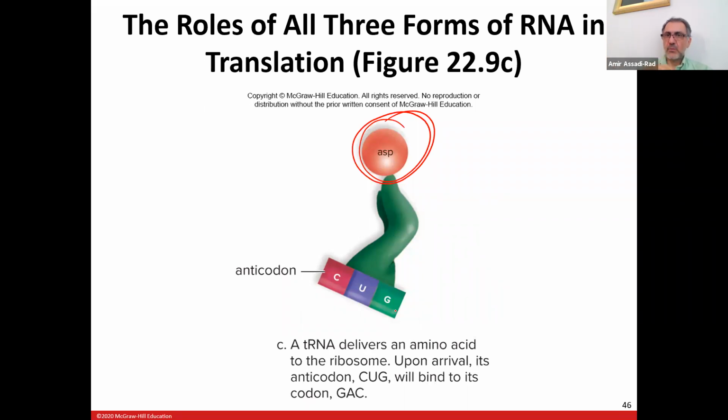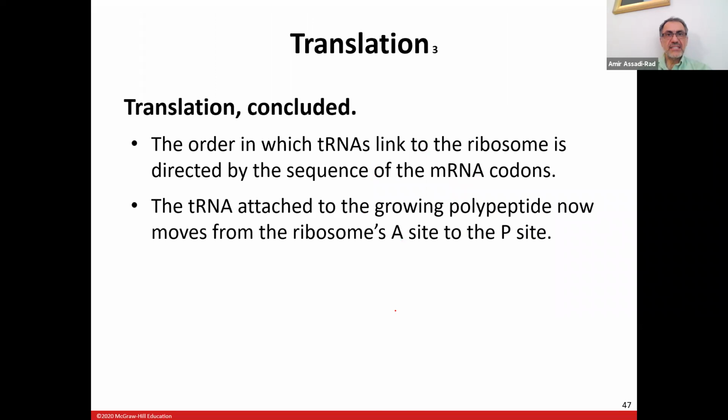Remember that. It depends on what the mRNA is. Translation: the order in which tRNA links to the ribosome is directed by the sequence of mRNA codons. The tRNA attaches to the growing polypeptide, moving from the A site to the P site.